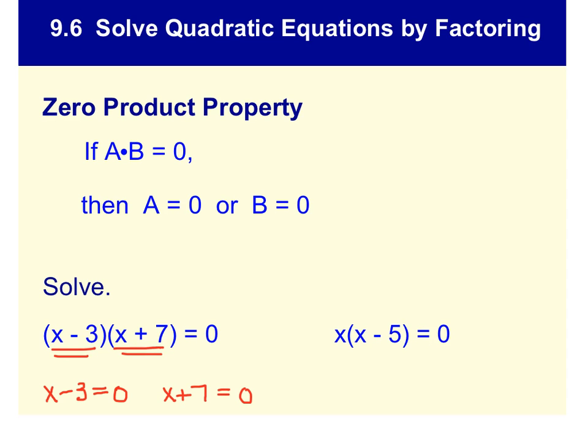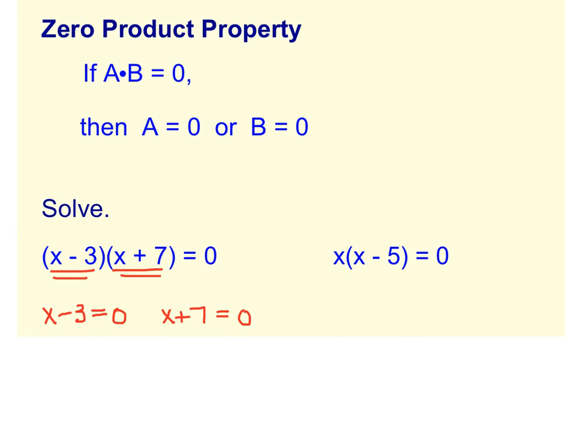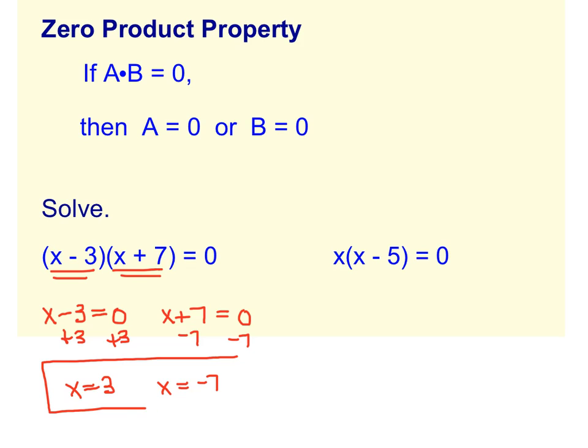Then you solve each equation for x. We would add 3, so x equals 3. You would subtract 7, and x equals negative 7.